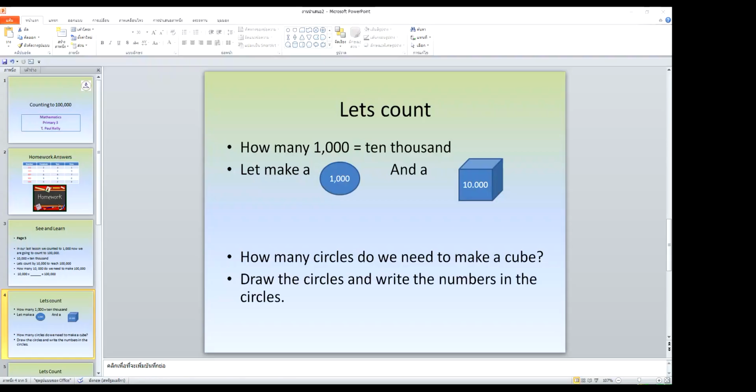On each of the circles, you have to write a number. We're writing 1,000. I'll draw it on the whiteboard so you can see.